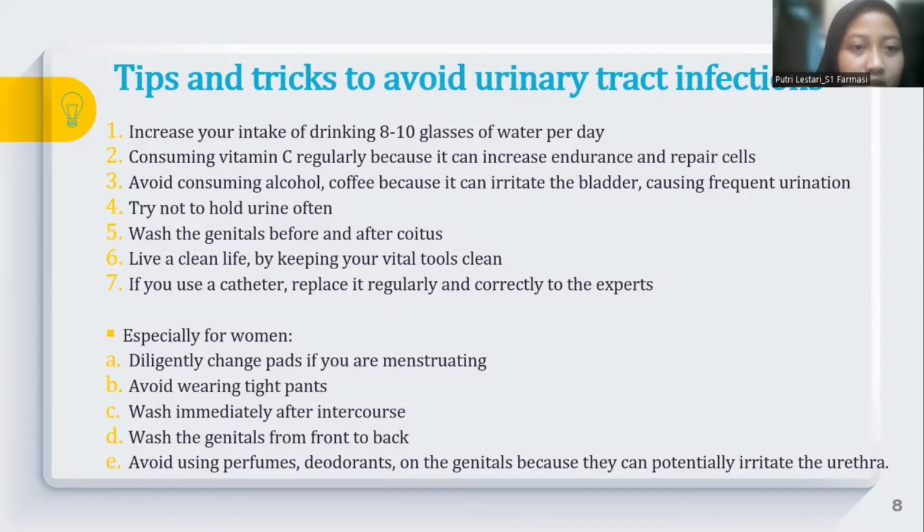Avoid consuming alcohol and coffee because they irritate the bladder, causing frequent urination. 4. Try not to hold urine often. 5. Wash the genitals before and after coitus. 6. Live a clean life by keeping your vital organs clean.